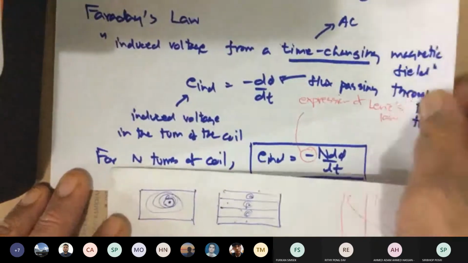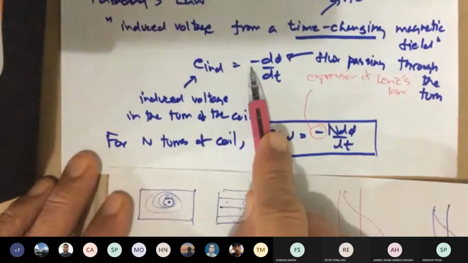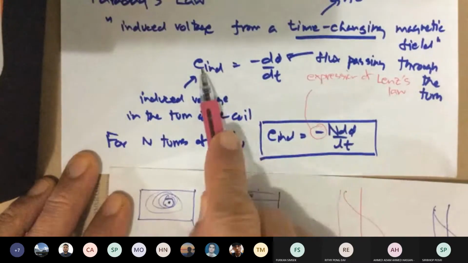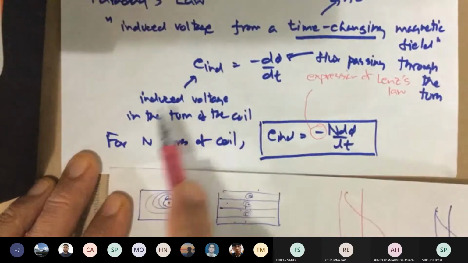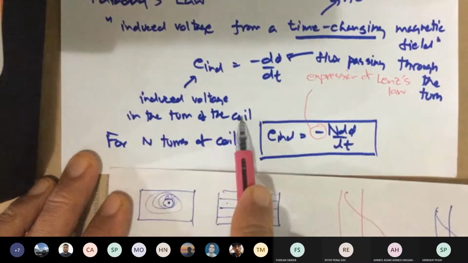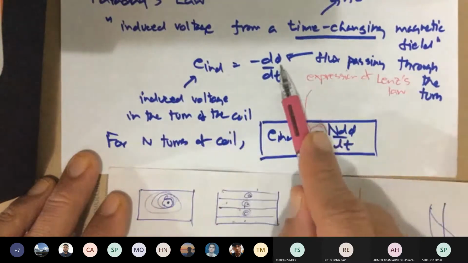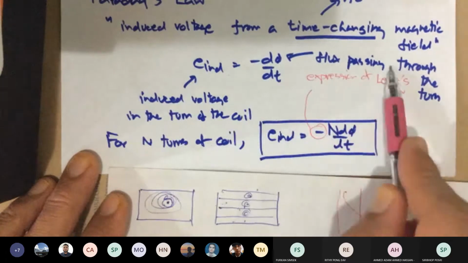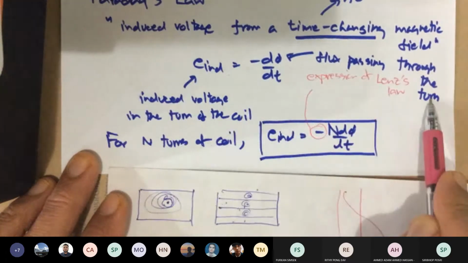Now, the original law has a negative sign in it. Here, E_ind is the induced voltage in one turn of the coil. Phi is the magnetic flux passing through that turn.